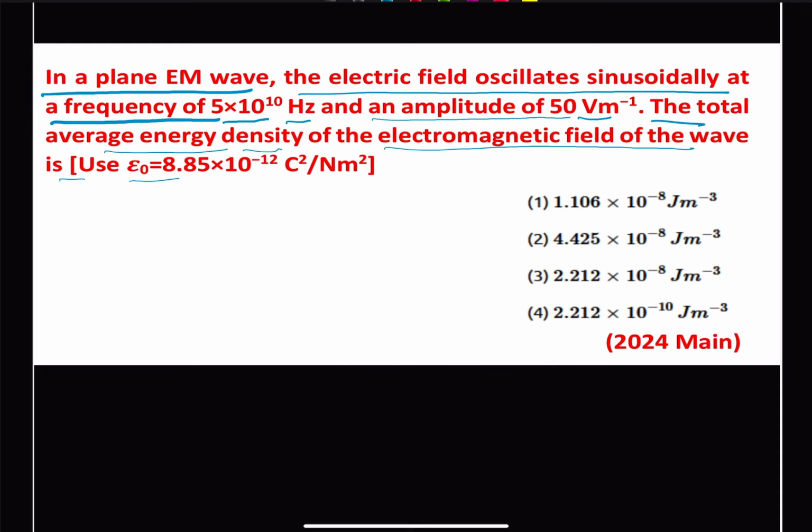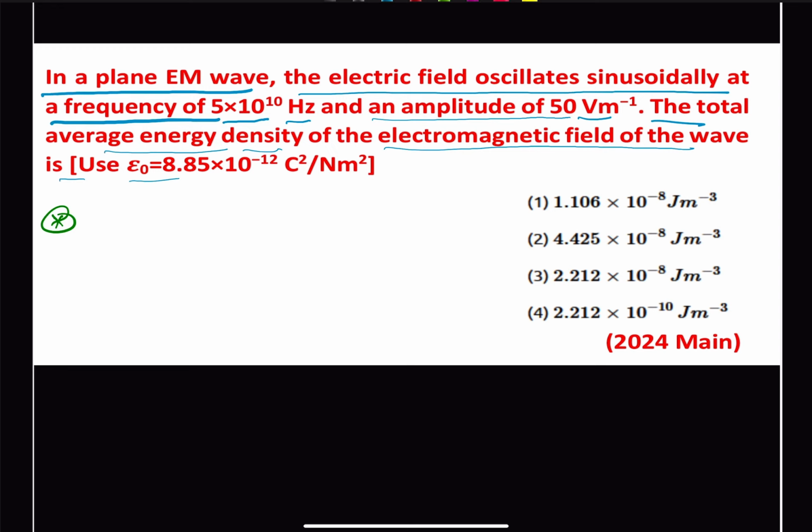And in this case, it is a little bit tricky because the actual formula which gives us the average density of EM wave is the combination of the electric field as well as the magnetic field. So let me first of all write that formula.